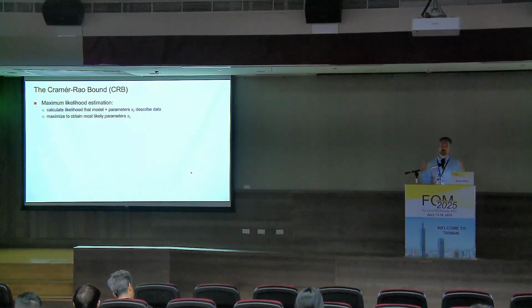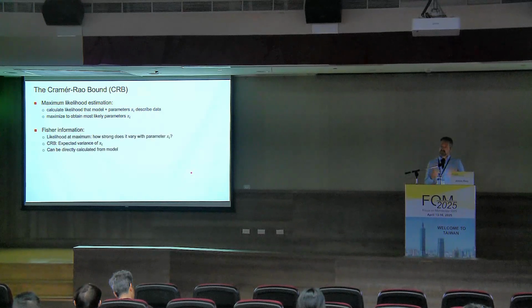So one way of determining the position by fitting of a point spread function is maximum likelihood estimation. This works by having a model for the point spread function and three parameters, for instance, the x and y position of the fluorophore, and then you calculate the likelihood that this model explains the data. And by varying the parameters, you can maximize this likelihood, and you end up with the most likely parameters, the most likely positions.